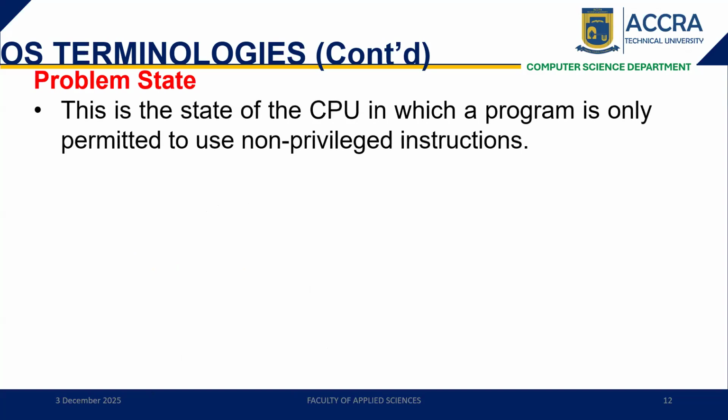We have a situation where there could be a problem state, and this state looks at the CPU in which the program permits only the use of non-privileged instructions. Sometimes certain instructions come in that are not really relevant to what has to actually be done. There are instructions a user sends that may not be necessary, that may be ignored.